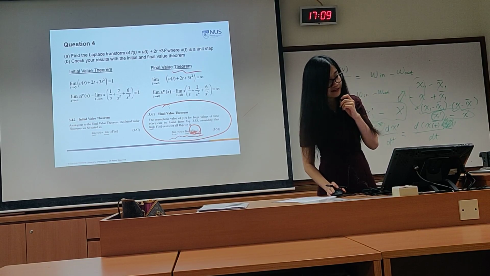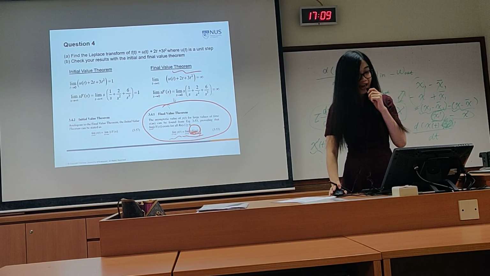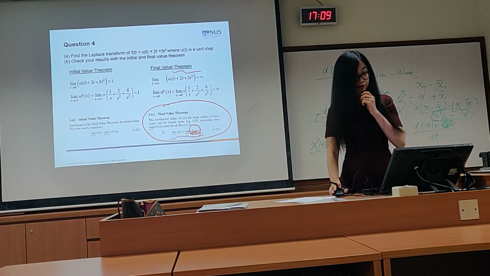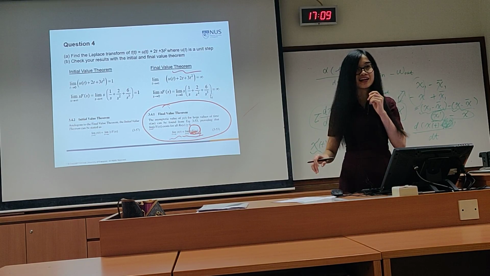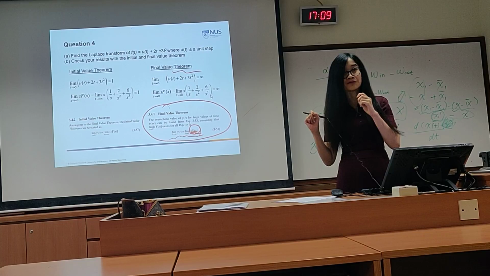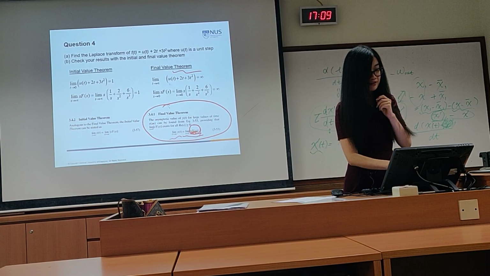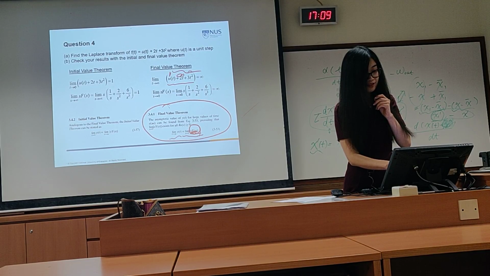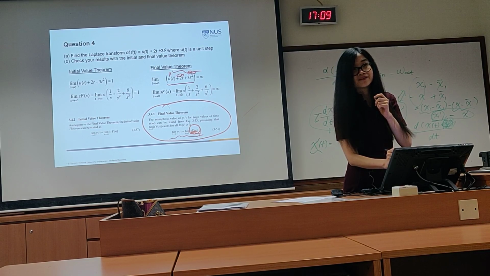And then we want to use the theorem to check our results. We do both sides, the left-hand side and the right-hand side, and see if the results are equal to each other. So first we got the original f(t) function here, and when t goes to infinity, this u(t) is 1, and 2t goes to infinity, 3t squared goes to infinity as well.